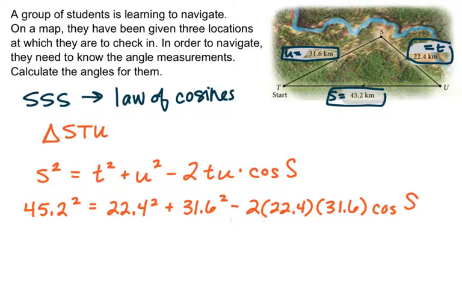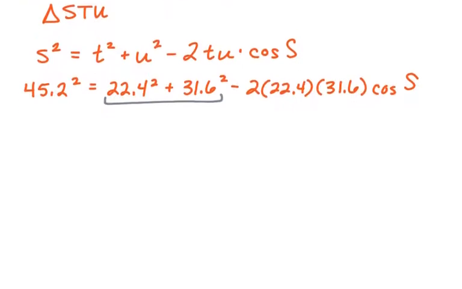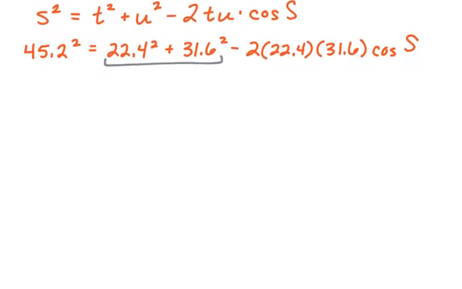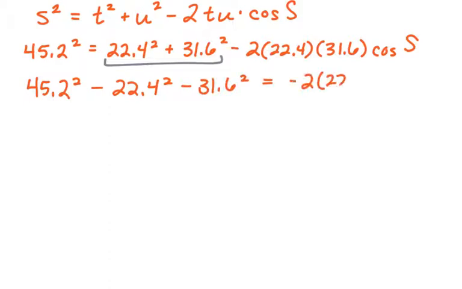So in order for us to isolate S, we would first subtract these two values. What that gives me is 45.2 squared minus 22.4 squared minus 31.6 squared equals -2 times 22.4 times 31.6 and then times cosine of big S.